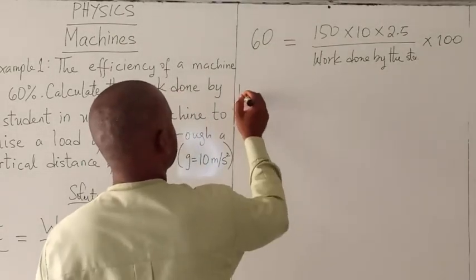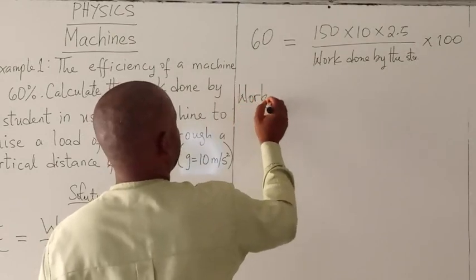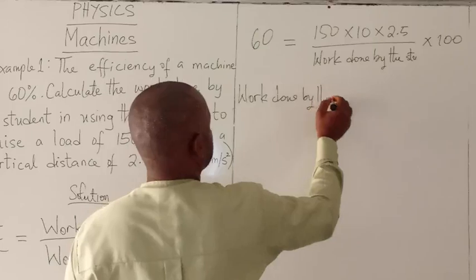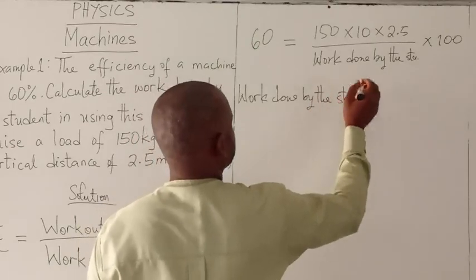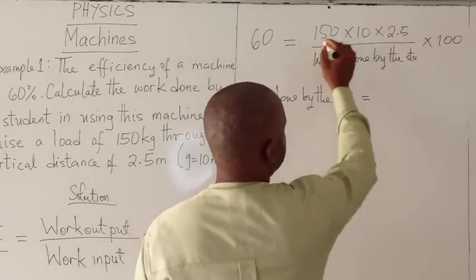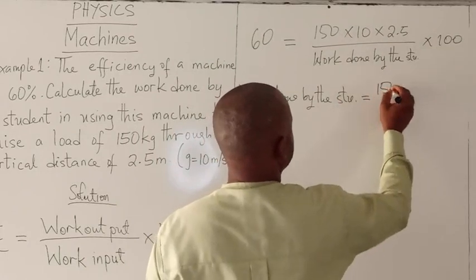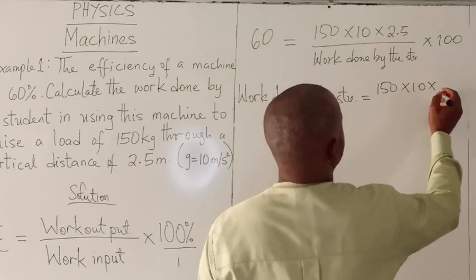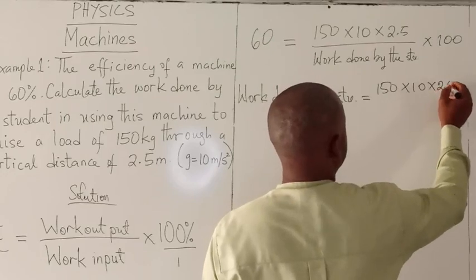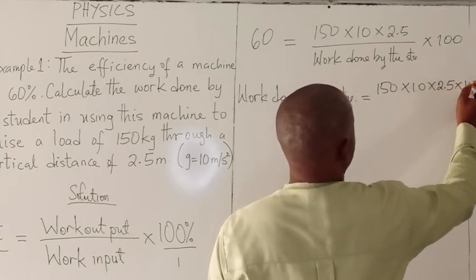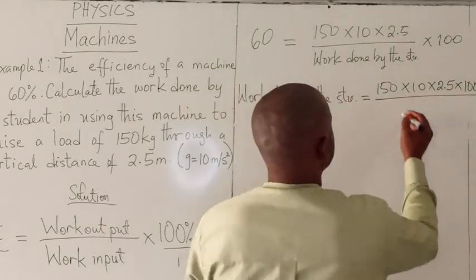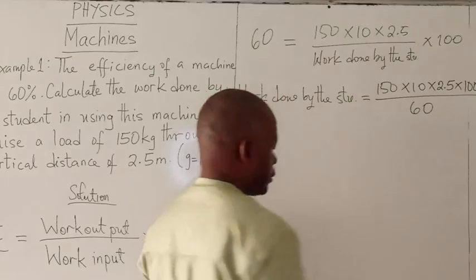So we have work done by the student is going to be equal to the numerator here, 150 multiplied by 10 multiplied by 2.5 multiplied by 100, all over 60.